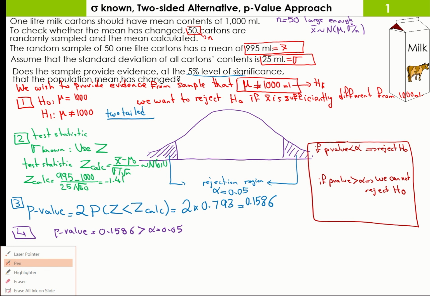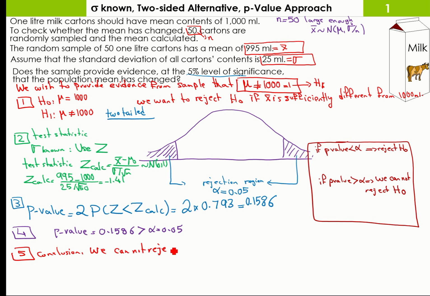So here in this question, for the conclusion, we say that we cannot reject H0 at 5% level of significance.